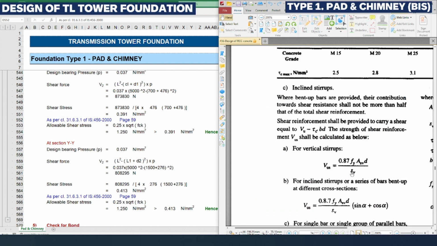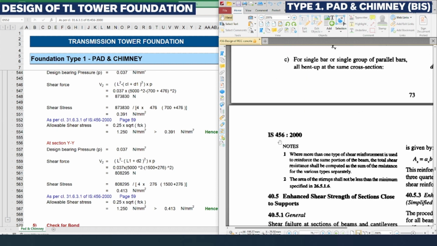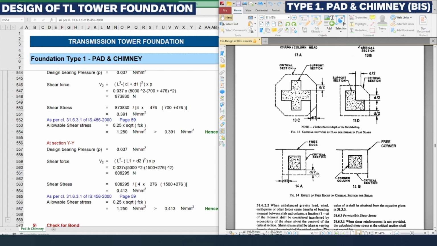You can see on the right-hand side the code IS 456. To refer to clause 31.6.3.1 we need to go to page number 59. So here is page number 59.